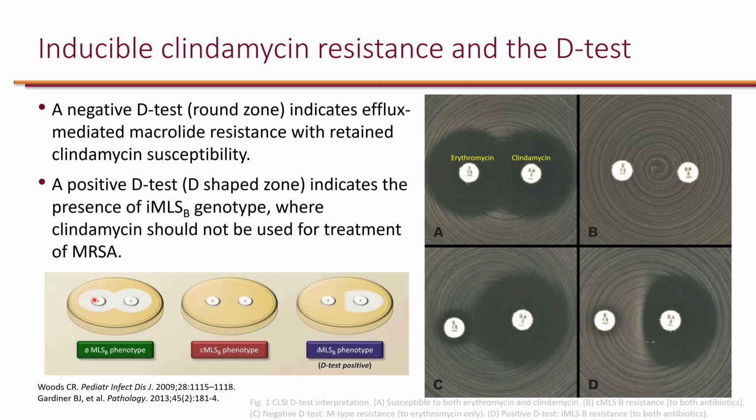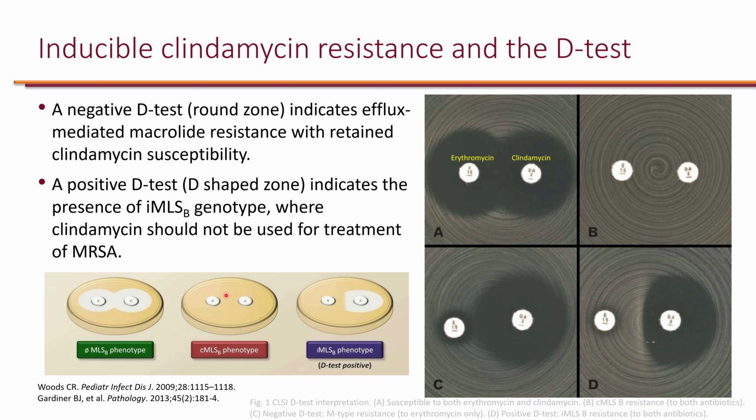And then once you drop the disc, antibiotics will diffuse in a radius around the disc. And if it's killing Staphylococcus aureus, that means nothing will grow around the disc. So you have a zone of inhibition. So here's erythromycin and here's clindamycin, and that essentially means that it's susceptible to both agents.